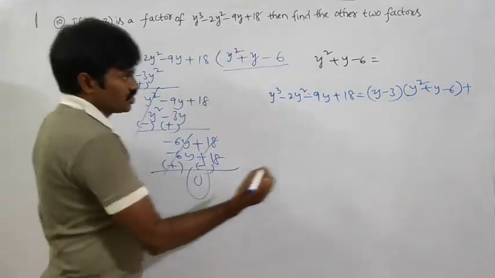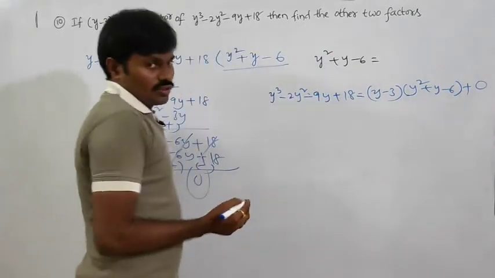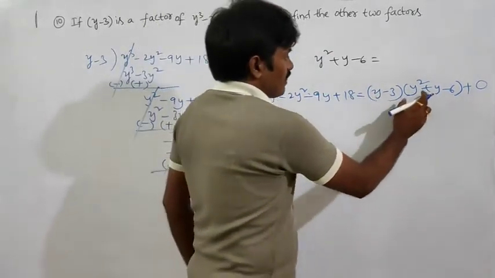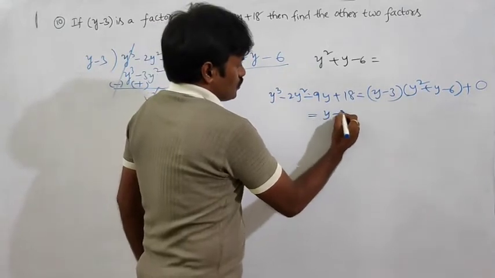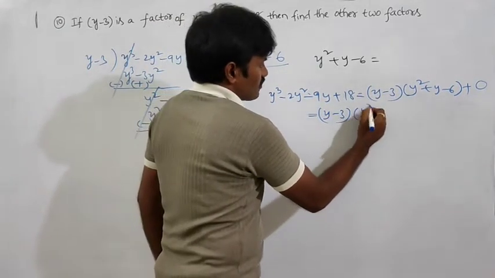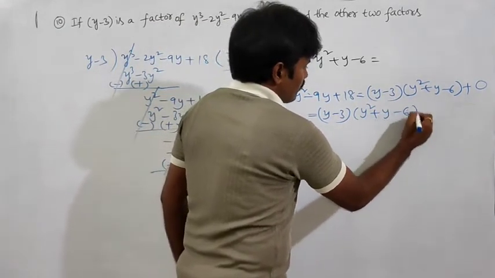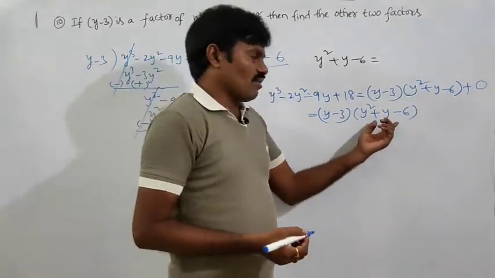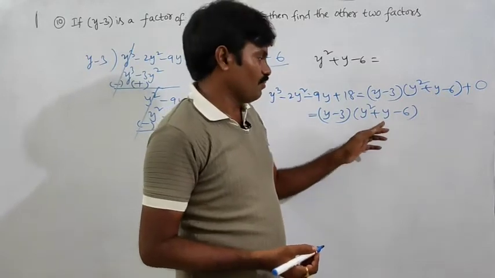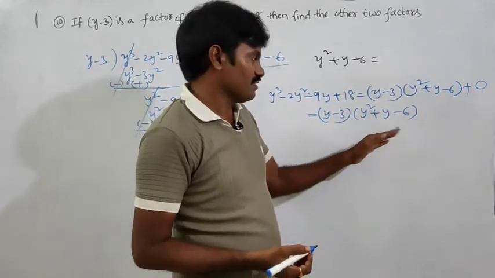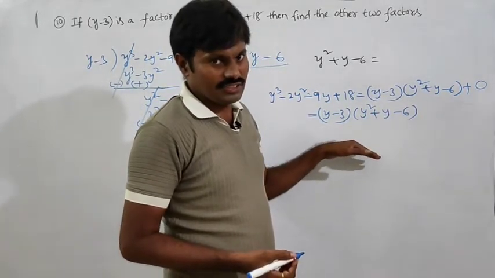What is the remainder here? 0. So y minus 3 and y square plus y minus 6 are the factors. It is a quadratic polynomial. Is it possible to factorize it? If possible, we have to simplify it, or else we can keep it like this.